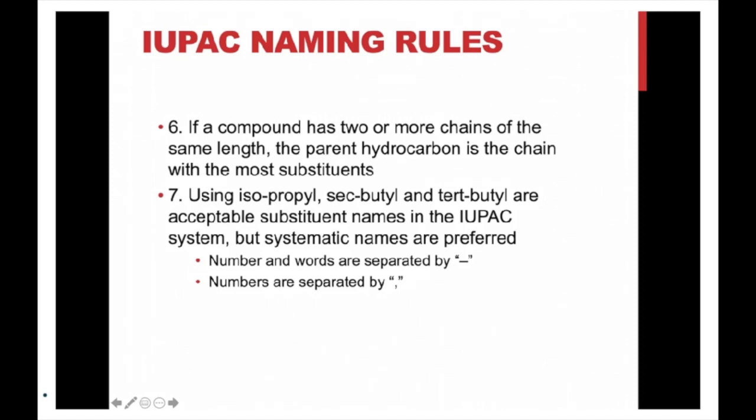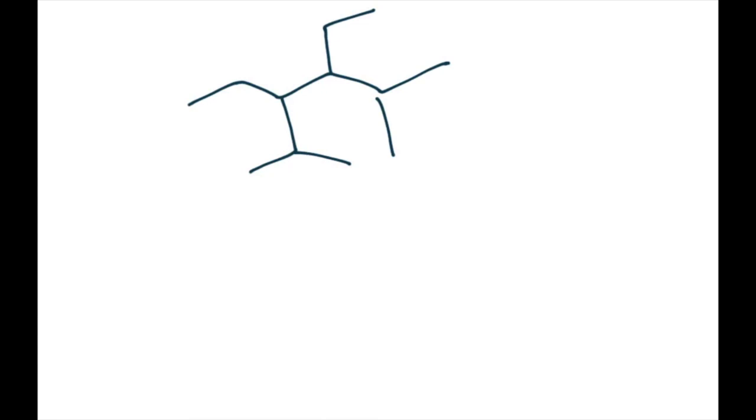So what do I mean? Let's click over. Right? So let's say I have this. There are multiple different hexanes in this molecule, but I'm just going to pick a couple here. So there's this hexane.